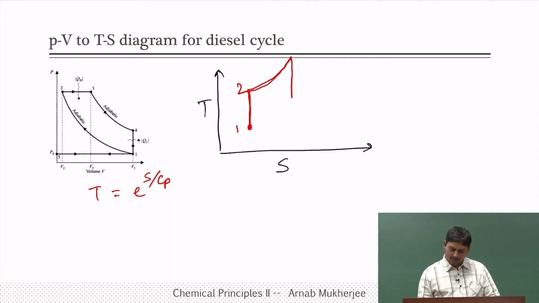And then there will be a line like this, 1 2. So this is again straight down.